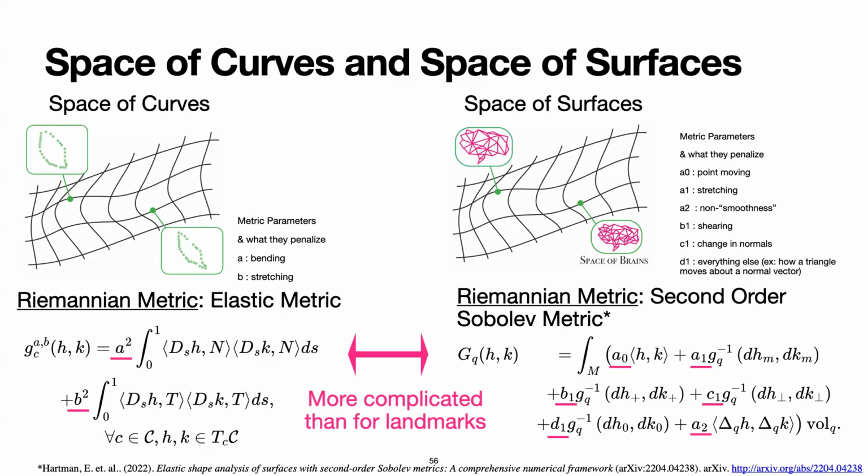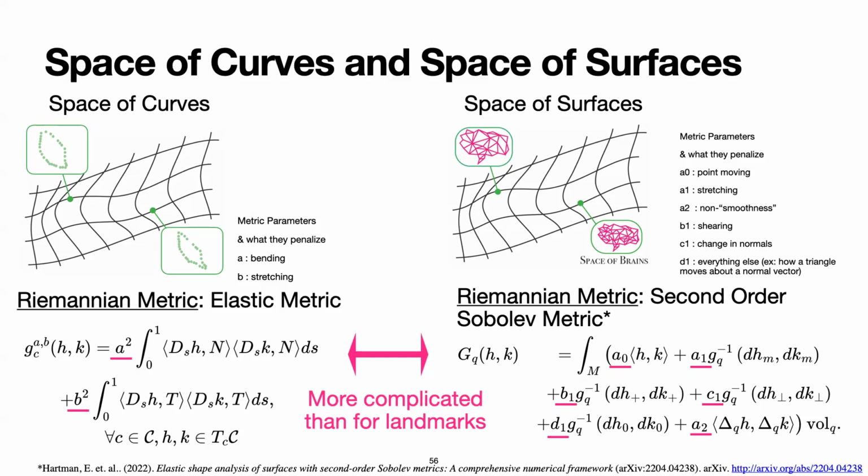For example, A will penalize bending, B will penalize stretching. So if the ratio between A and B is high, then two curves that are very stretched with respect to each other will be far apart on the manifold. So distances will be large. If the ratio between A and B is low, then those will be closer together.